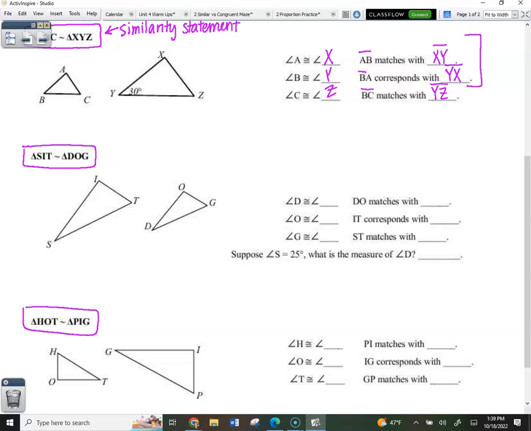Look at what we talked about with the angles. What do you think? Your hint is at the top of your paper. Not like the very top, but up here. Look at what we talked about with the angles.